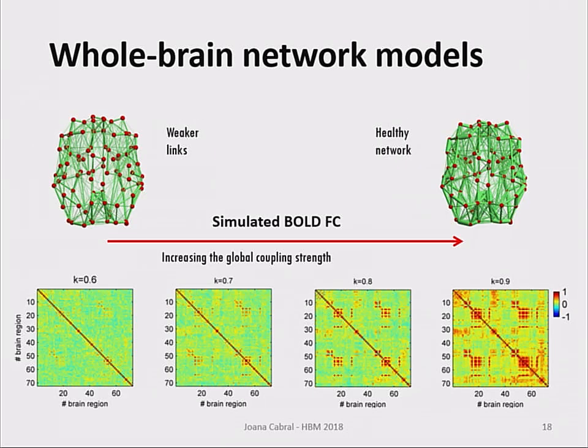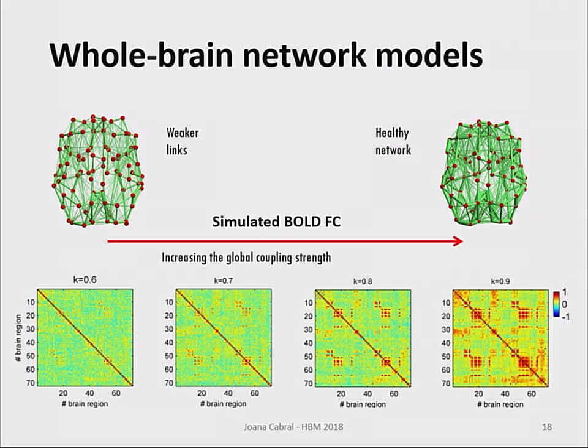So, for example, irrespective of the network model that you choose, of the node model that you choose, or the interaction term, there are some properties that arise naturally. For example, if we increase the global coupling strength, so the K, that scales all the connections equally, it scales the connectivity matrix.